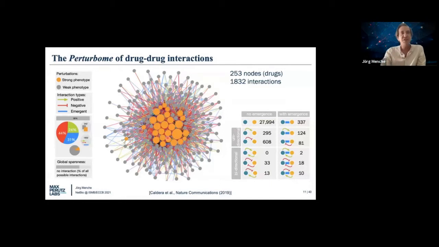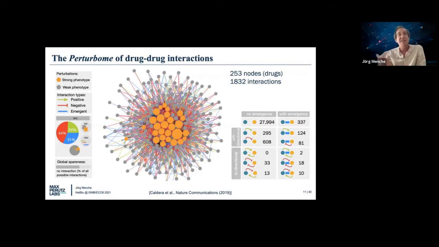Even though the picture itself at first glance looks quite messy, it is in fact remarkably sparse. There could be more than 90,000 edges here. These are all the possible ways in which these some 250 drugs could potentially interact with each other. But in fact, there are less than 2,000 that we determined experimentally.